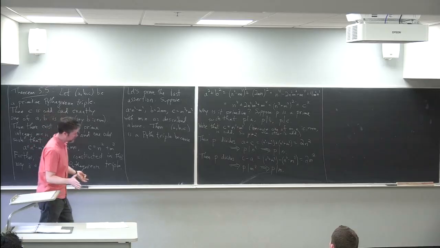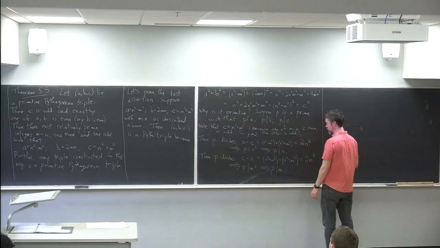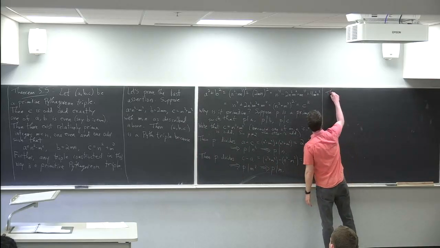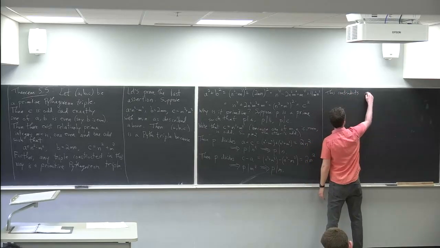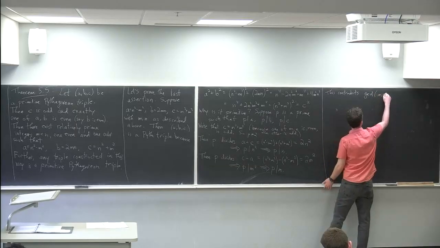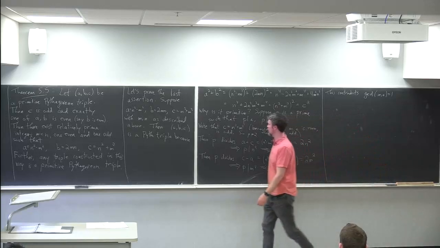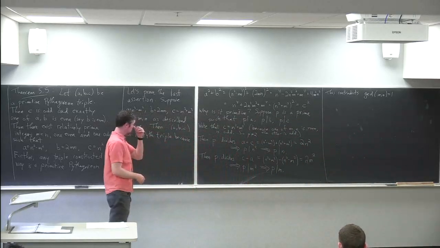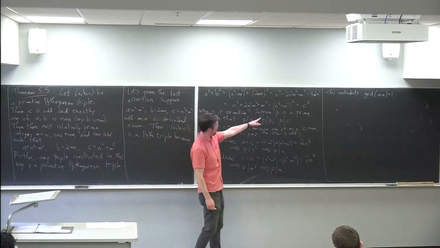So anyway, the point is, what we've got is a contradiction. So this contradicts the fact that the GCD of m and n is 1. So what we've just done is made an argument that no such prime exists.